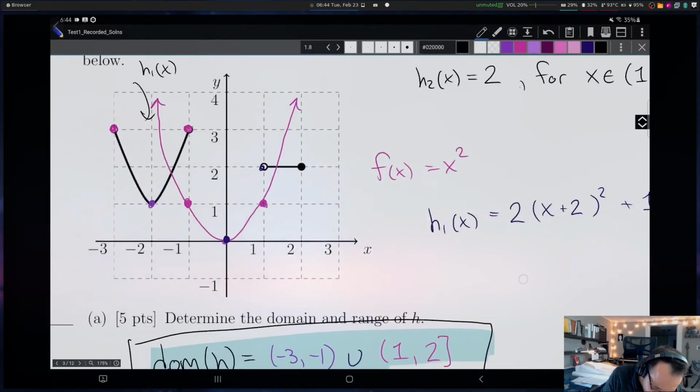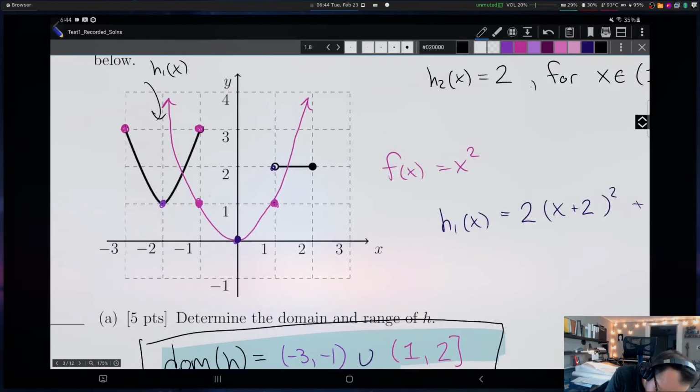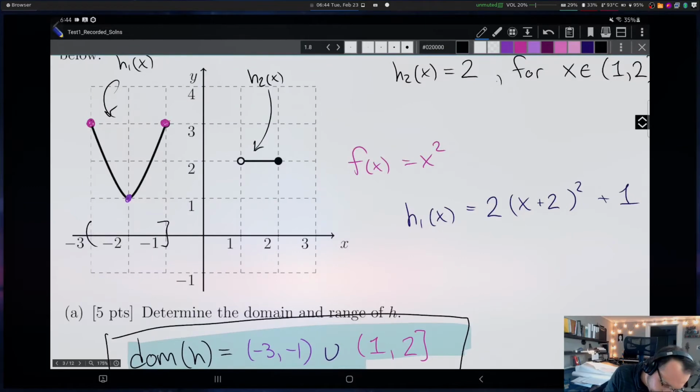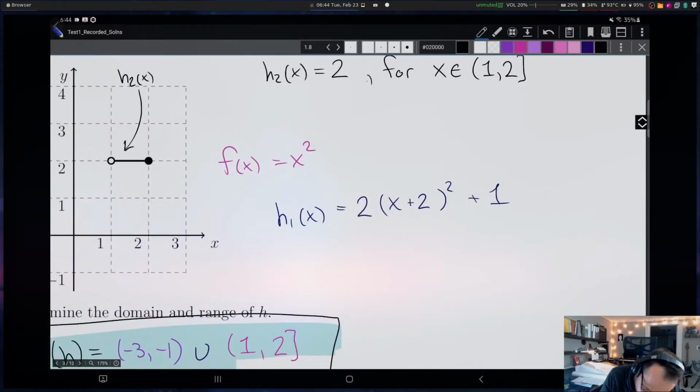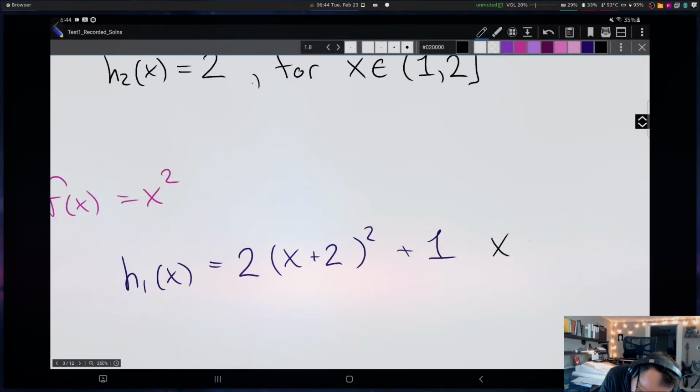So let's get rid of the parent function now and go back to this. This was our h1, this was our h2, that piece. And so h1 was only defined from -3 to -1, where I need to leave out the endpoints. So I only do this when x is in -3 to -1.